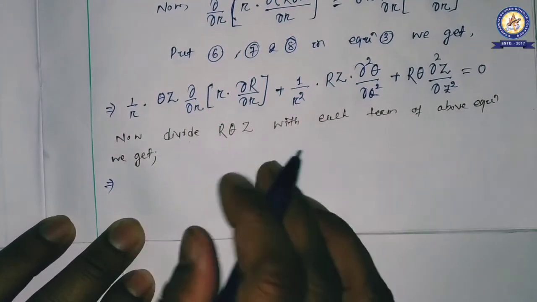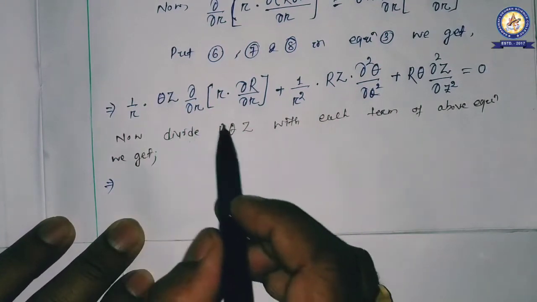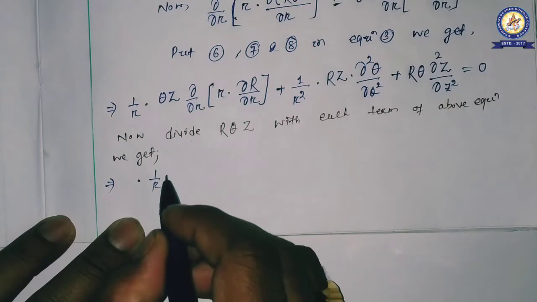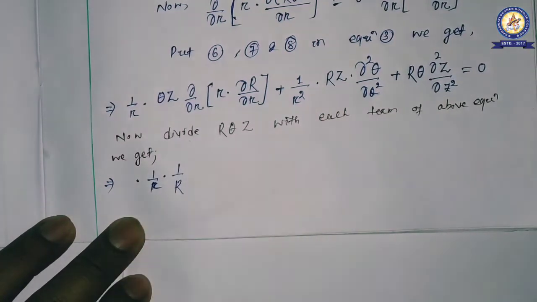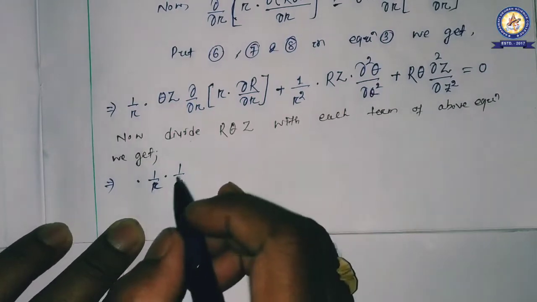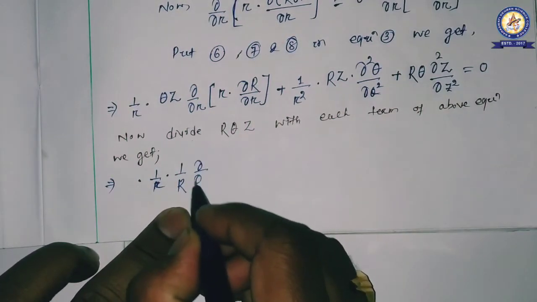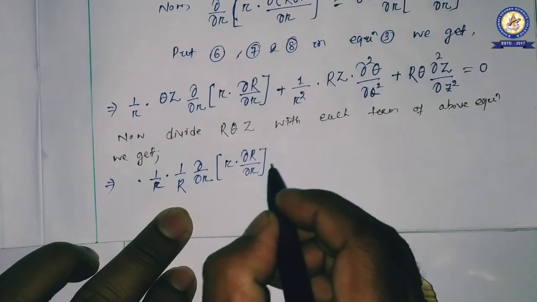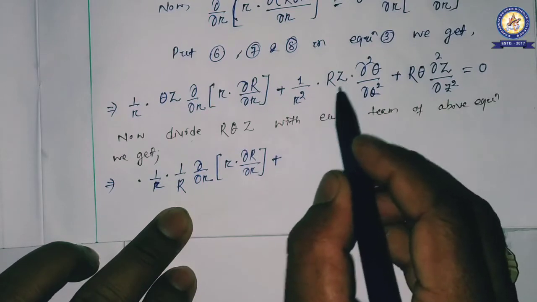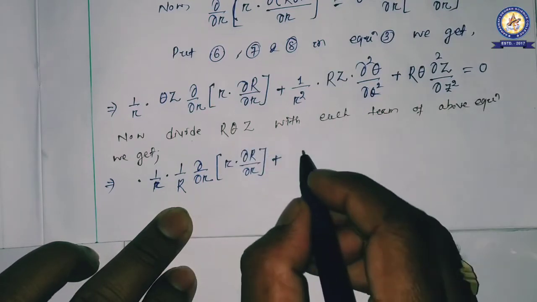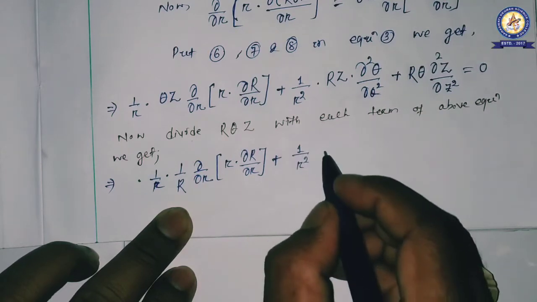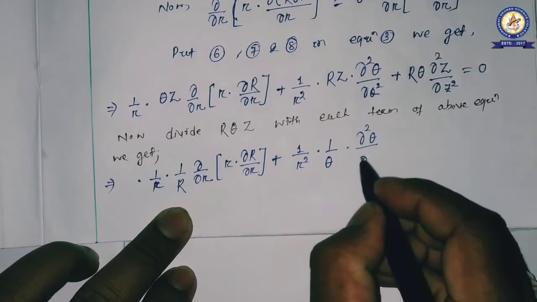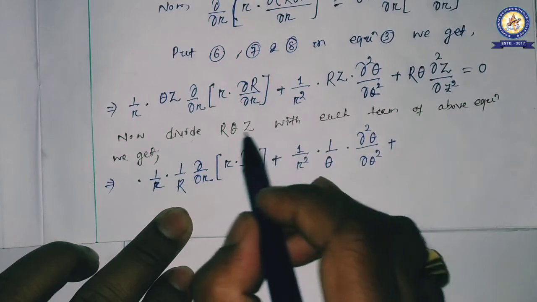If I divide by r theta z, here theta z got cancelled and we found 1 by r into 1 by small r into 1 by capital R, and the rest of the things, that is del by del r into del capital R by del r, plus here if we divide by r theta z, r z got cancelled, we found 1 by small r square into 1 by capital theta del square capital theta by del small theta square, plus r theta z has been divided over here.